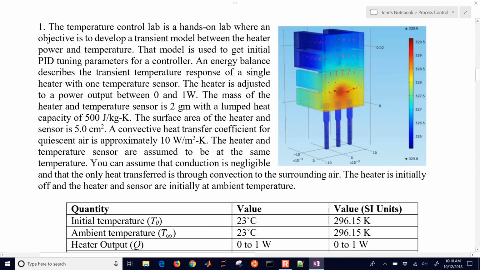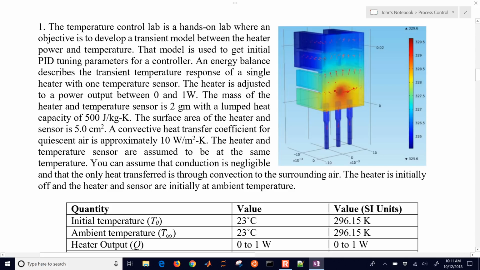This is a temperature control lab, a hands-on lab where the objective is to develop a transient model between the heater power and the temperature. The model is used to get initial PID tuning parameters for a controller. We'll start with an energy balance when the heater is adjusted between 0 and 1 watt.